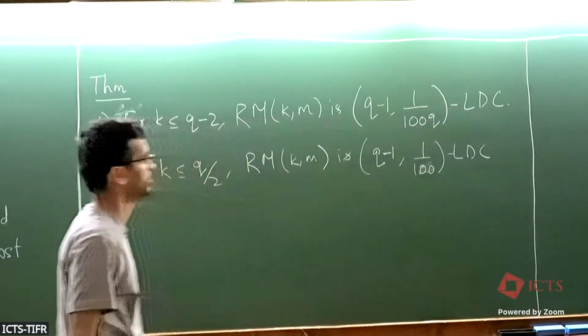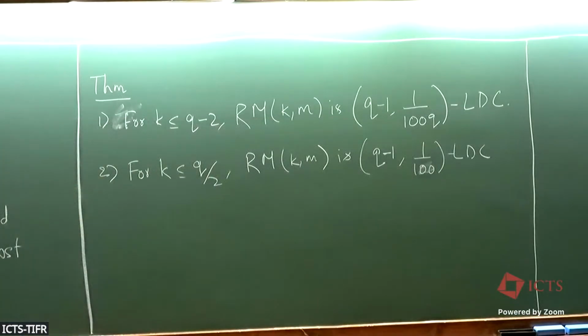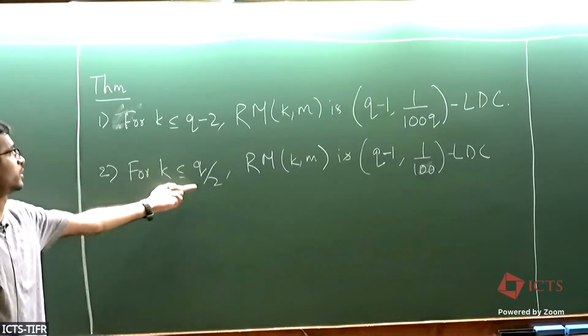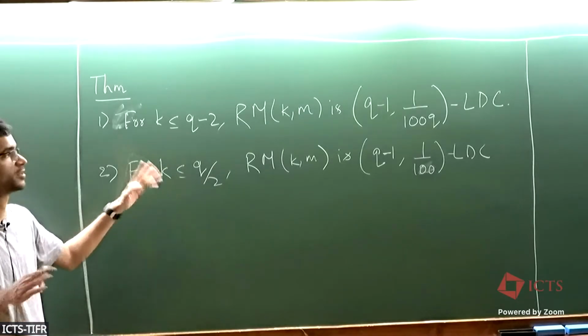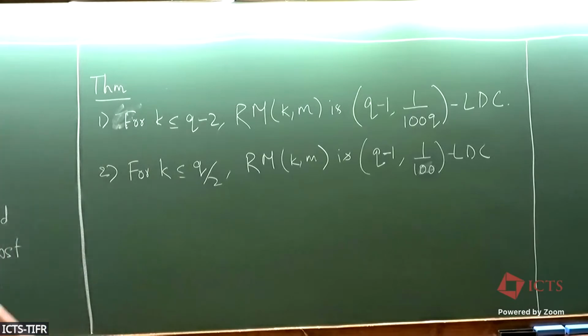Questions about the statement? All right. Yes, k is going to reduce, which means the dimension of the code reduces in a second. Yeah, q over 2 is liberal. It's some constant fraction of q.